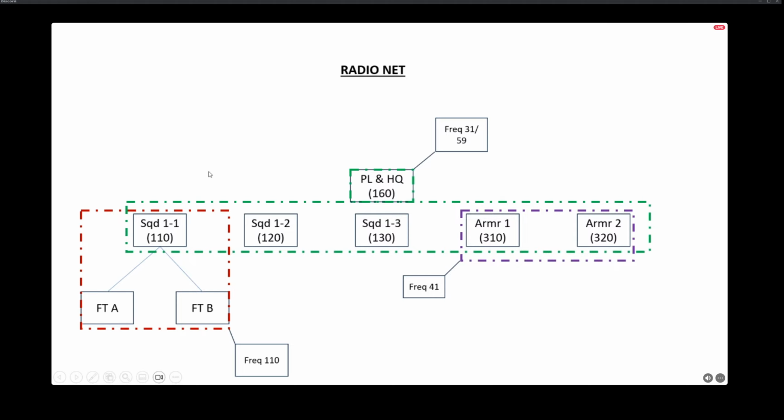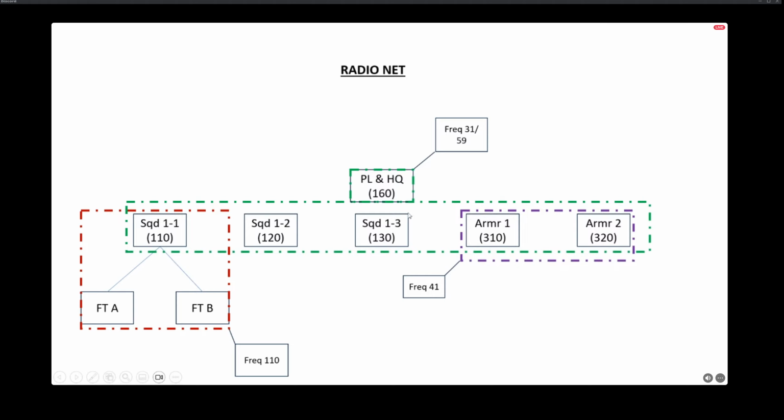To share that information laterally and vertically, you may have either separate radio nets or the same radio net. When it comes to the platoon, for the squad leader of 1-1 to share something with the squad leader of 1-2, that is, to share it laterally, he would use the platoon net, because the squad leader of 1-2 is not going to be on 1-1's radio net.